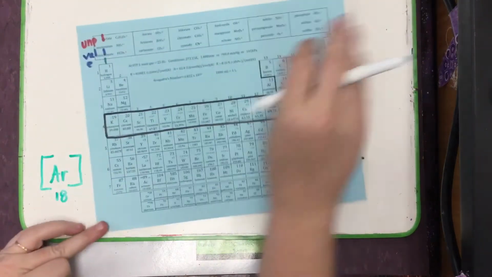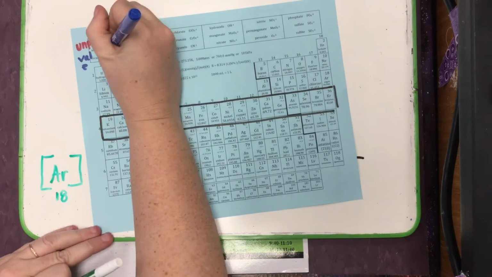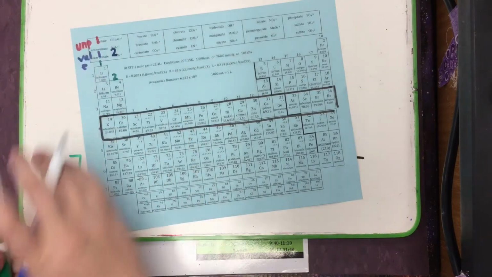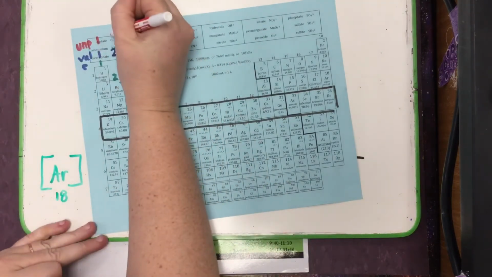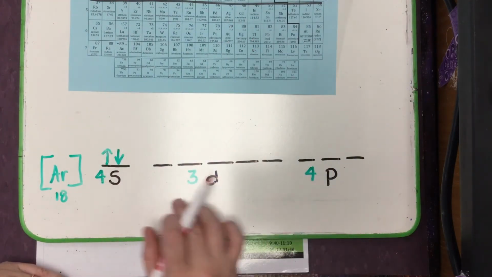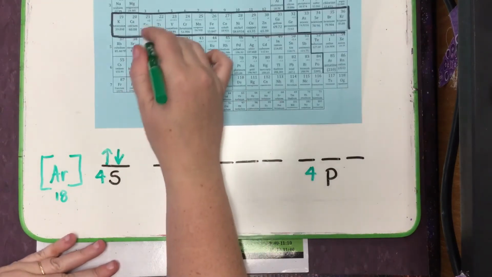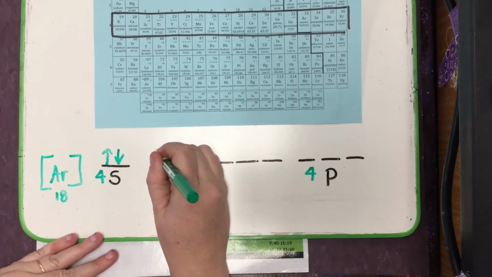Elements in group 2 have 2 valence electrons and 0 unpaired electrons. All the elements in group 2 look kind of like this. They could just have different numbers down here for their principal quantum number, but all of them have the 2 valence and 0 unpaired.